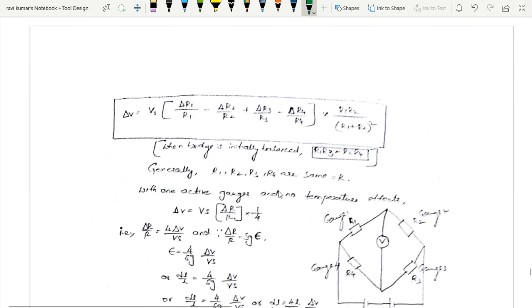Once I connect it to a Wheatstone bridge circuit, I may tell this delta V, which I call the output voltage, which is an indicator of this force, is equal to Vs into (delta R1 by R1 minus delta R2 by R2, delta R3 by R3 minus delta R4 by R4) into R1 R2 divided by (R1 plus R2) whole square.